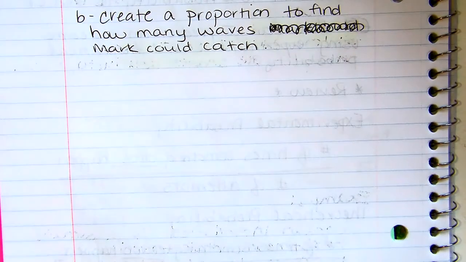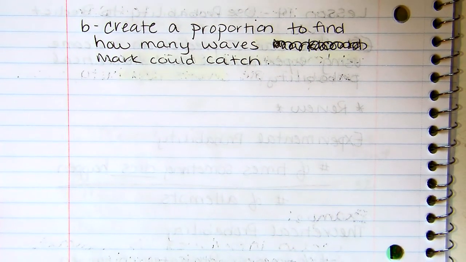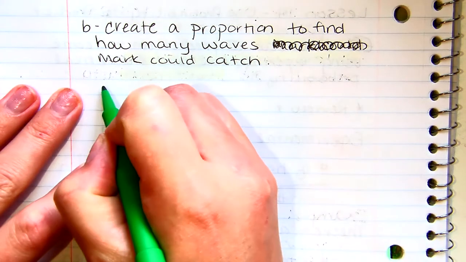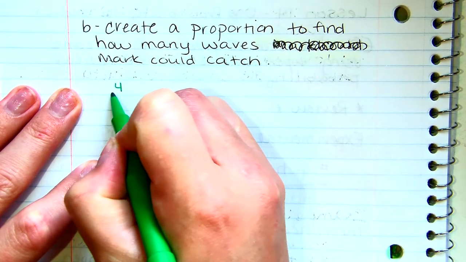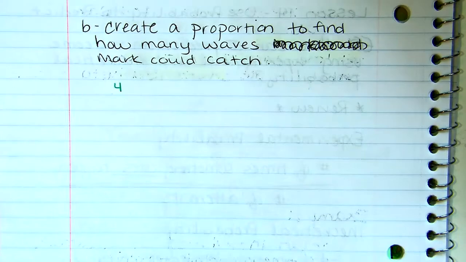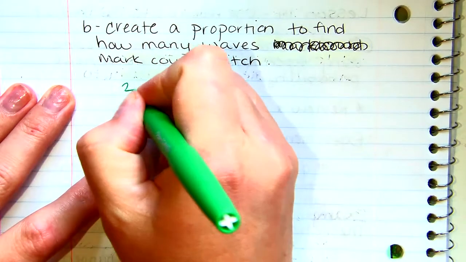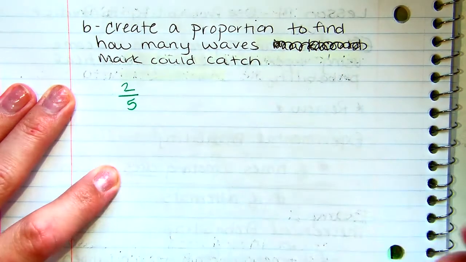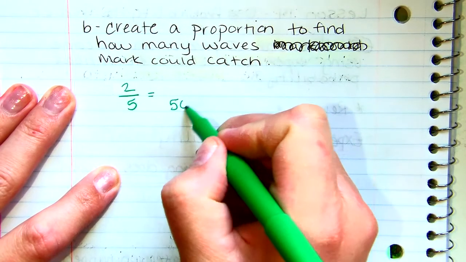Okay. So, our next piece of this is we are going to create a proportion to find out how many waves Mark could catch. So we are going to set this up as Sarah's proportion, which was 2 out of 5, and we're going to set that equal to what Mark could have gotten, which was 50.